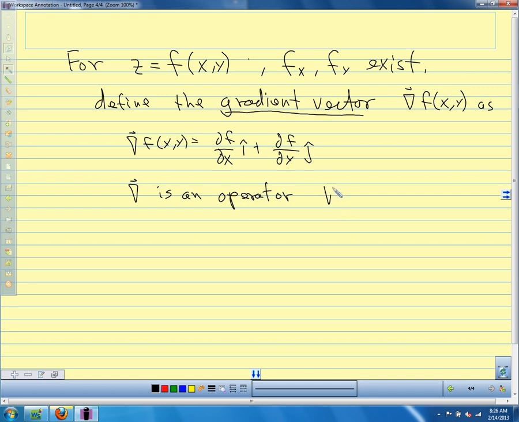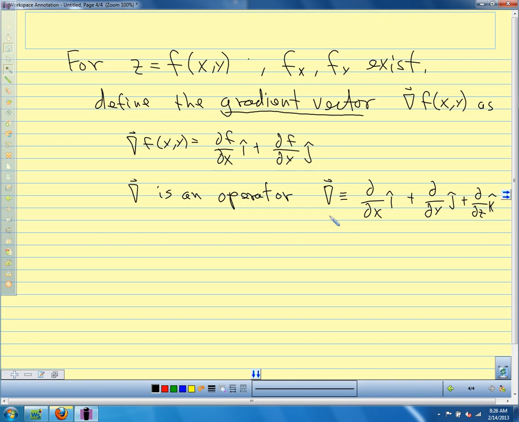And we define del, and this triple equals means defined as, d/dx i plus d/dy j, and if we have a z component, plus d/dz k hat.